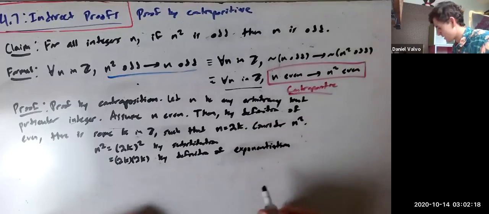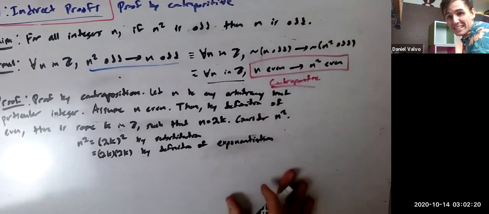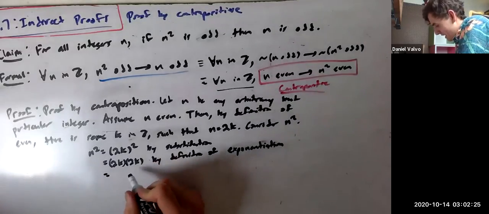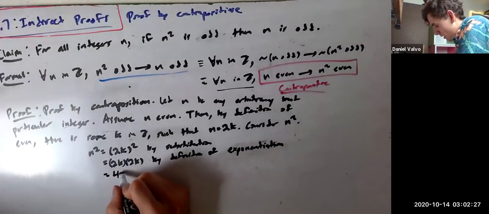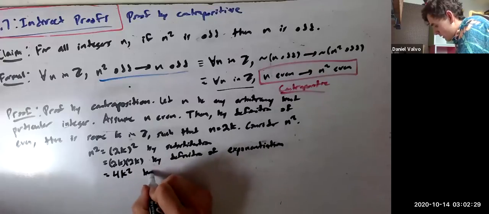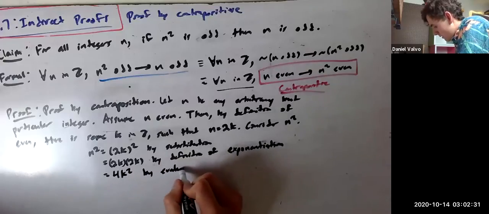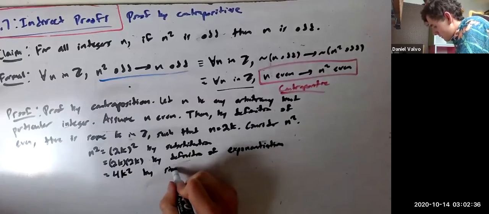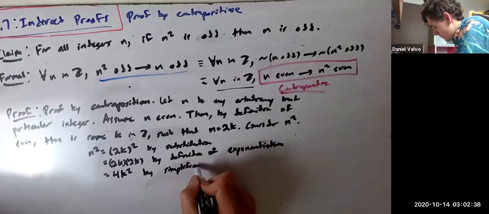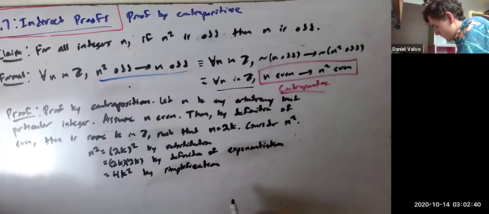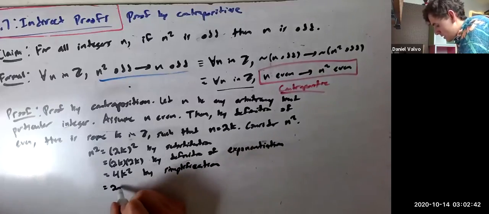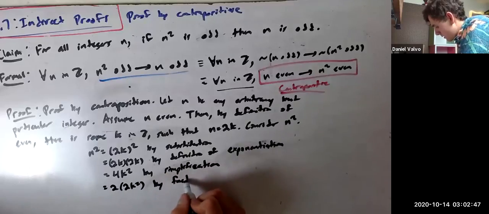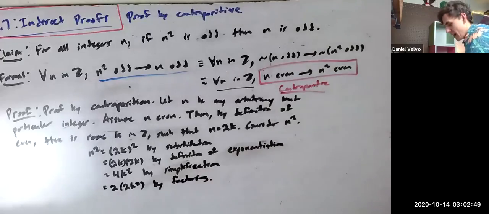Exponentiation. And this is going to be 4 times k squared by simplification. And this is going to be 2 times 2k squared by factoring.